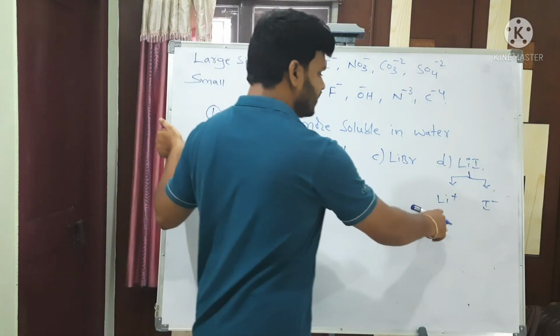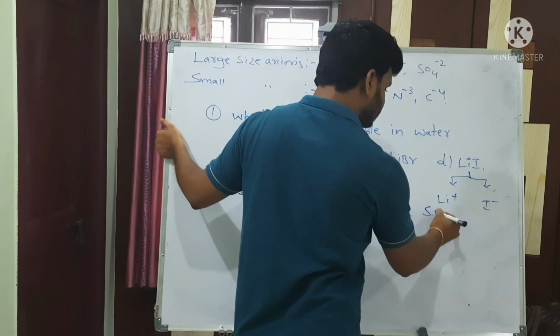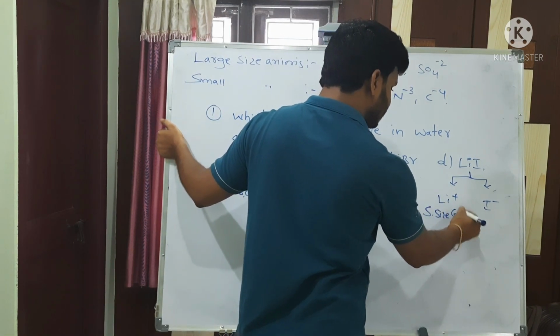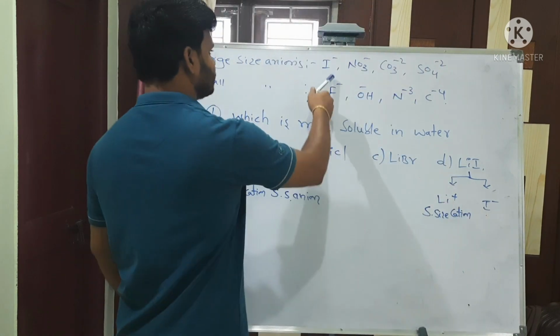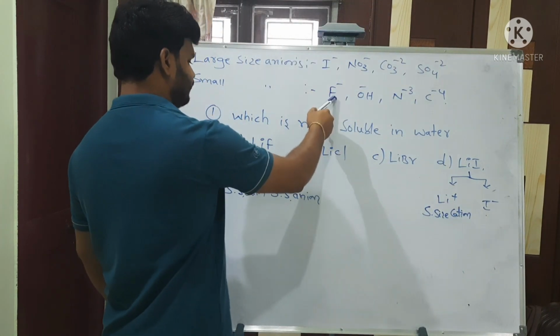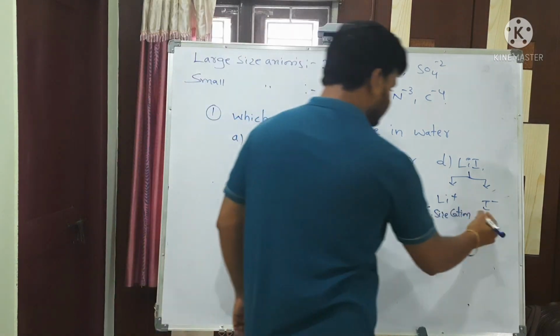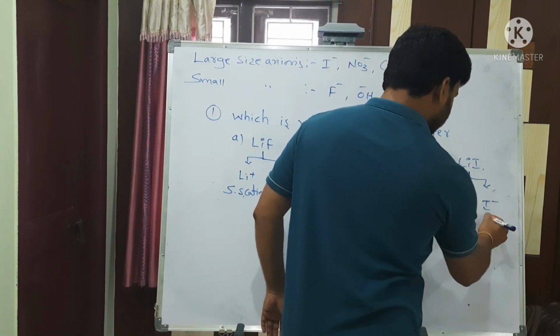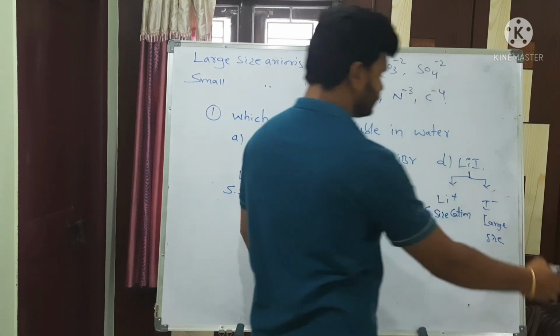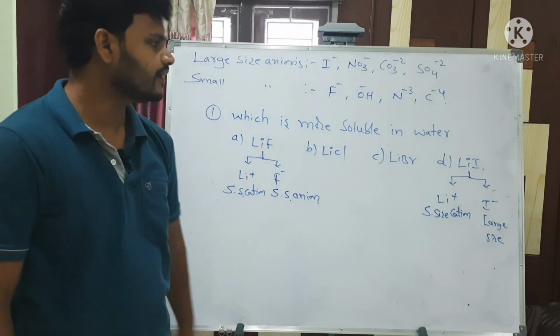Next, Li plus small size cation, I minus large size. Look students, I minus means large size, F minus means small size.